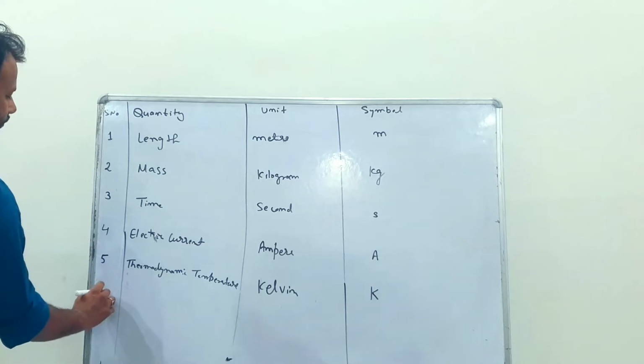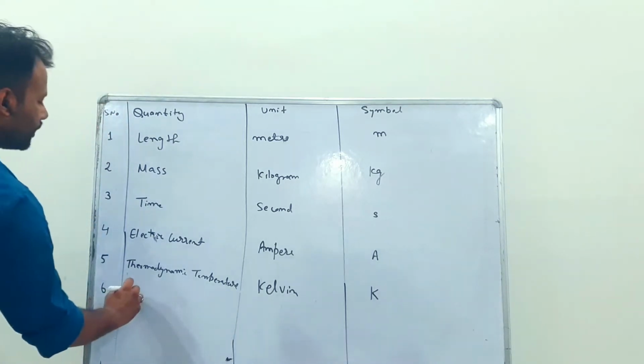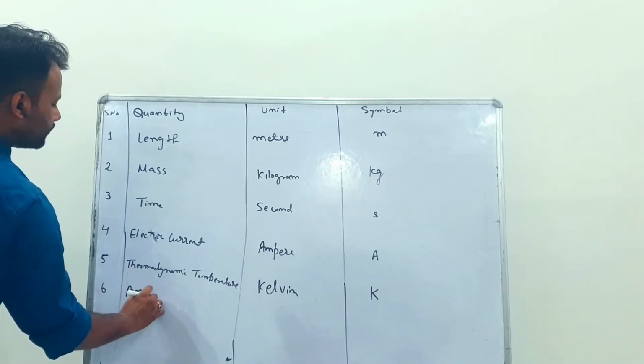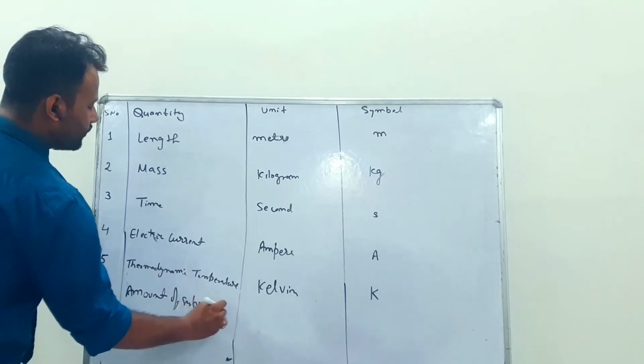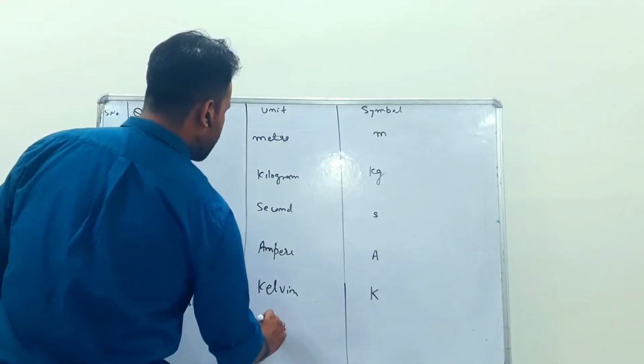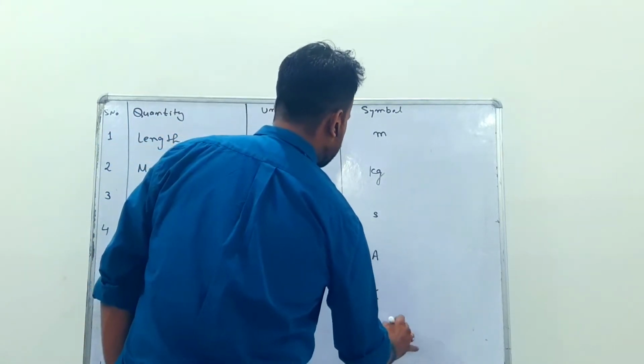Sixth is amount of substance. It is given by mole. In short, mol.